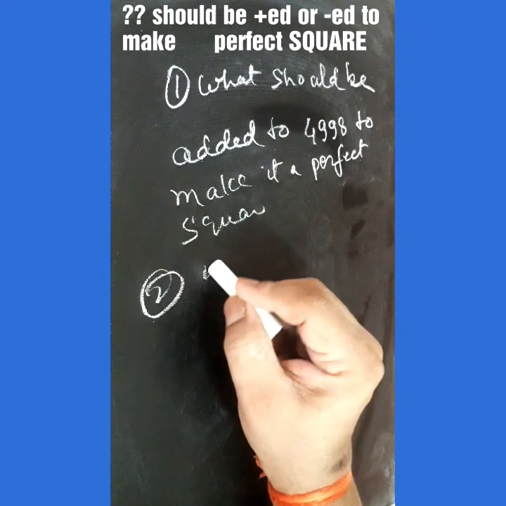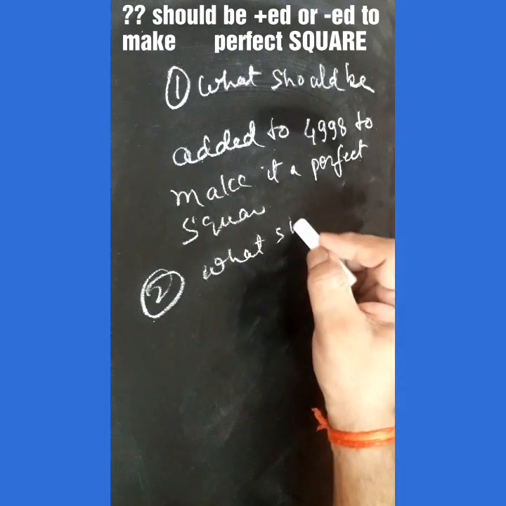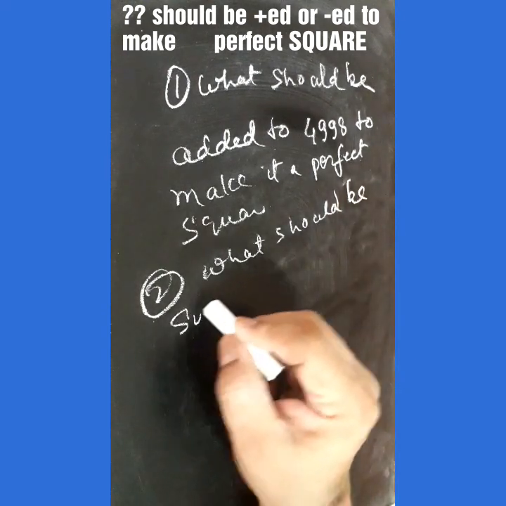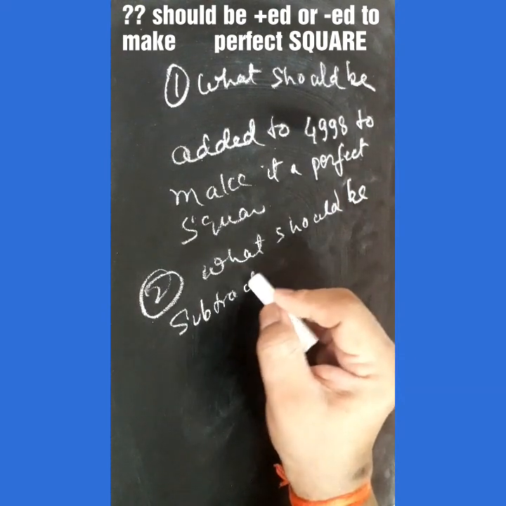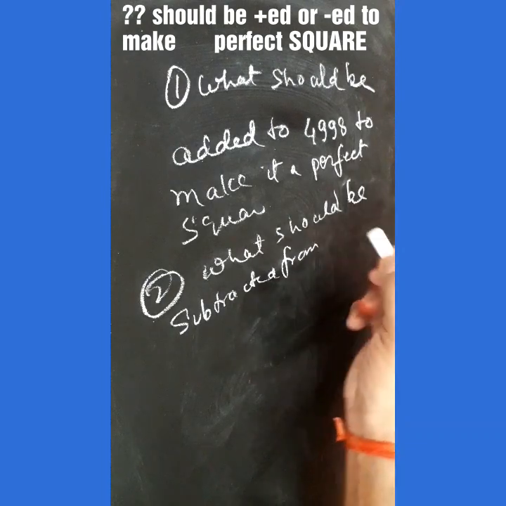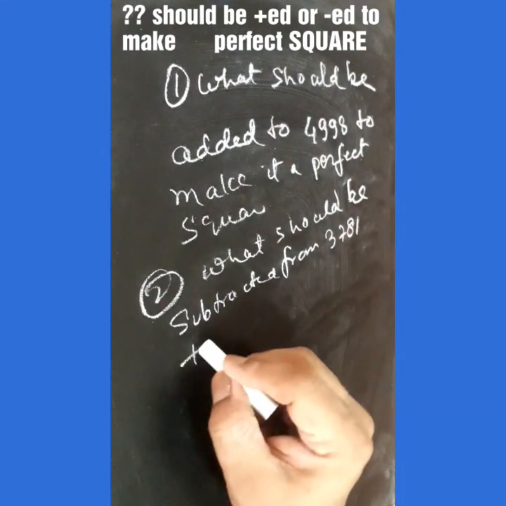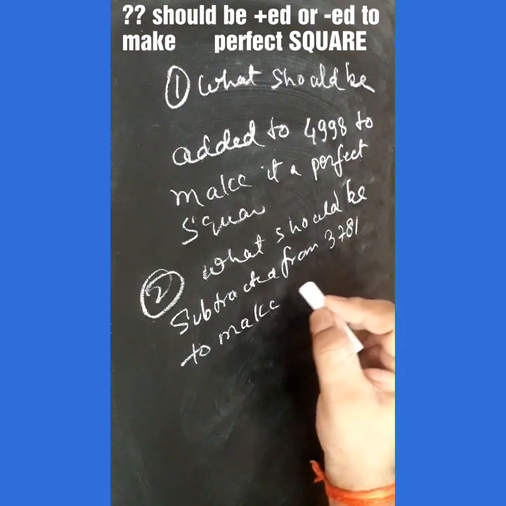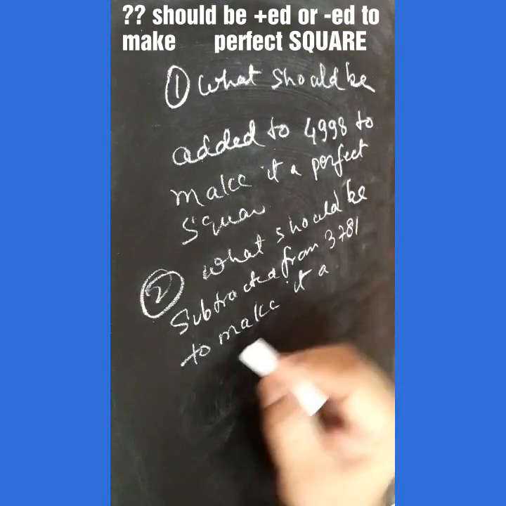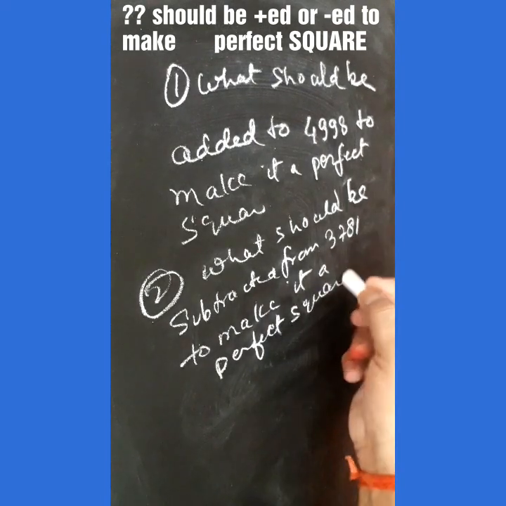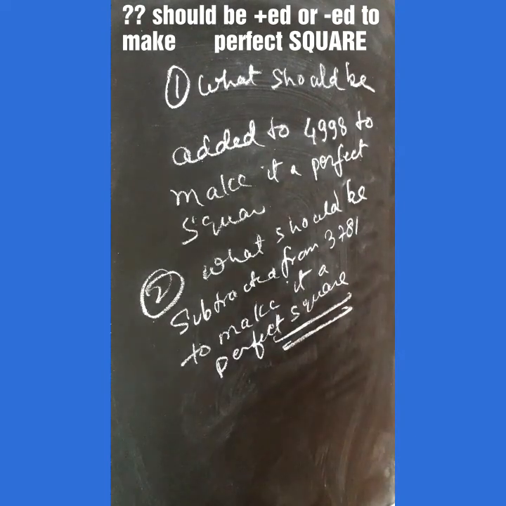And the second question is, what should be subtracted from 3781 to make it a perfect square? These are the two questions for practice.